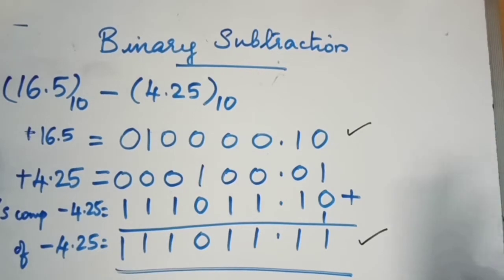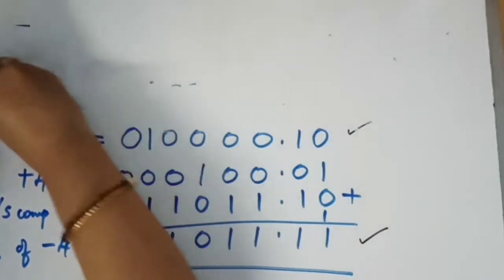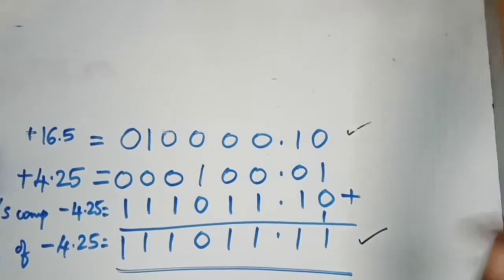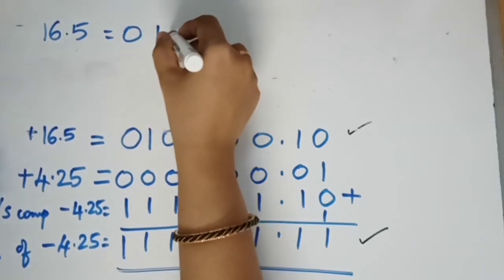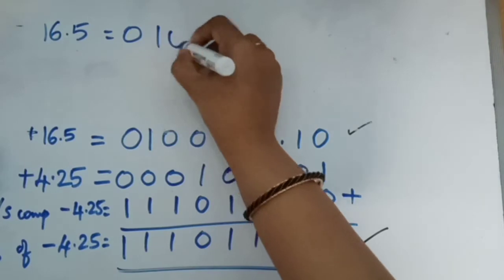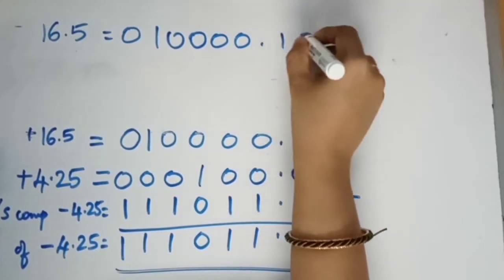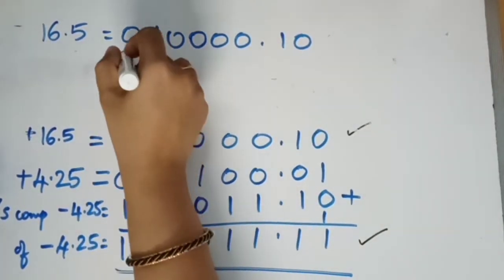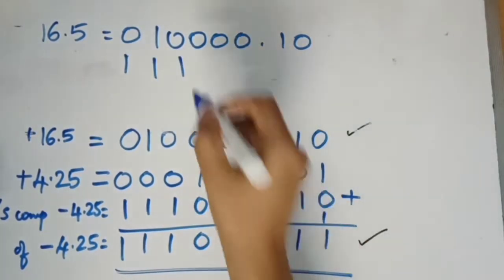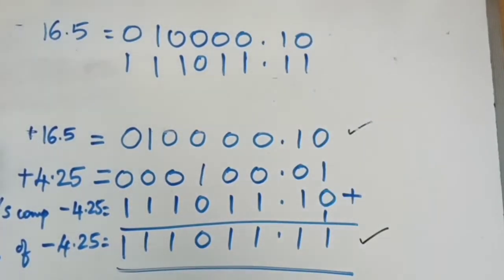So 16.5 is 010000.10, the same thing I just copied, and the 2's complement of 4.25 is 111011.11.